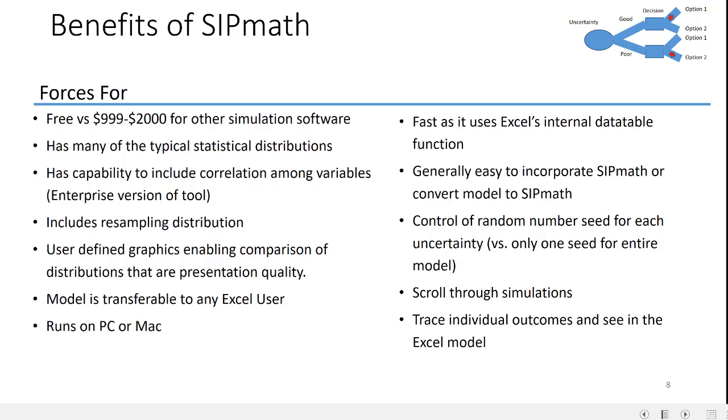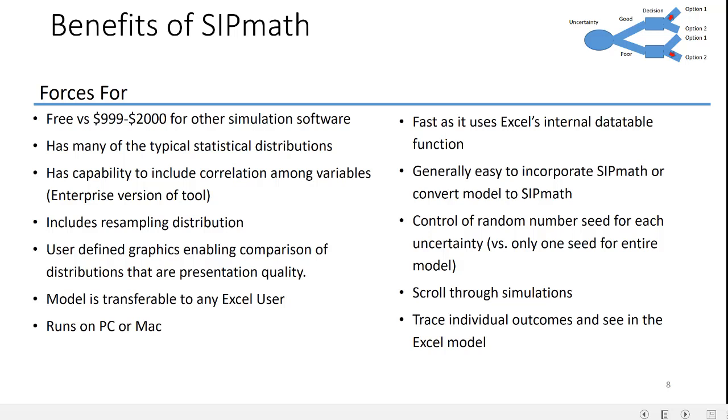Most of the other commercial software, if you don't have that software on your machine, you can't really look at the model. These models are fully transferable to other people because the SIPmath tool is designed only to build the model, not to run the model. And it does run on both PC and Mac. It's fast as it's using the database function. It's generally easy to incorporate SIPmath or convert to a SIPmath model.